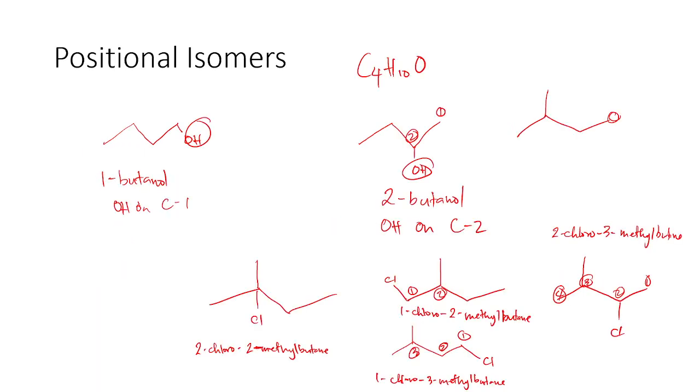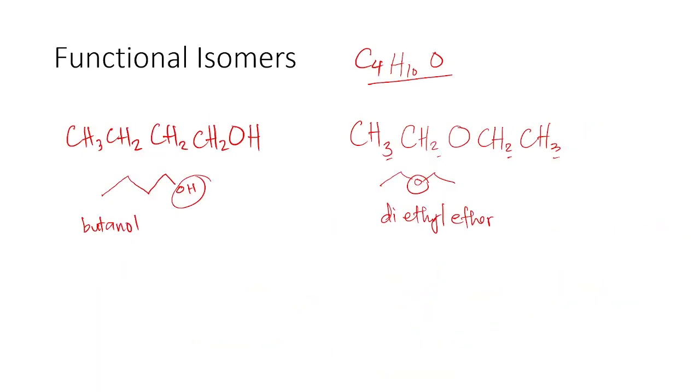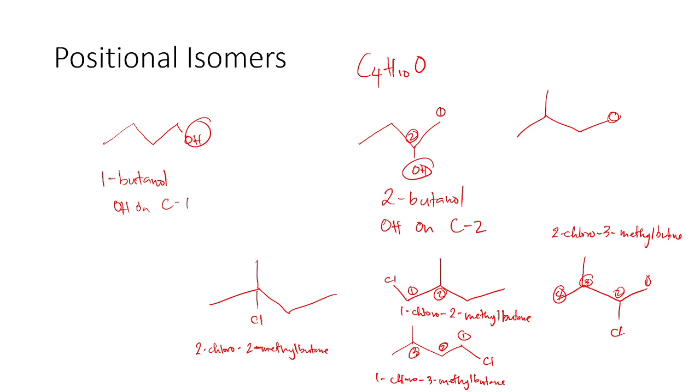We have here our functional isomer, wherein we visualize them using butanol and diethyl ether. Also, we have our positional isomers, wherein we used butanol, one butanol and two butanol as our positional isomers. Also, we have here our chloropentane, or neopentane, wherein we have four different types of isomers.